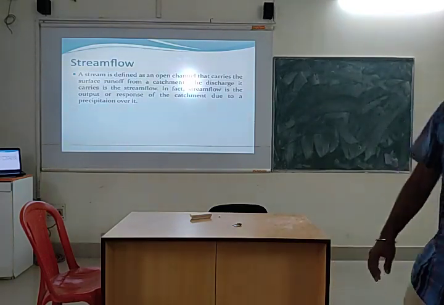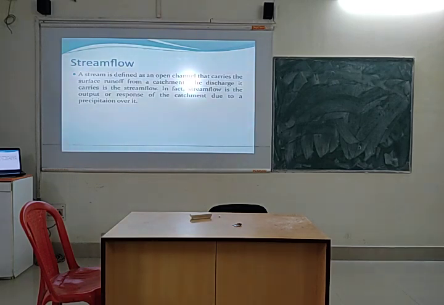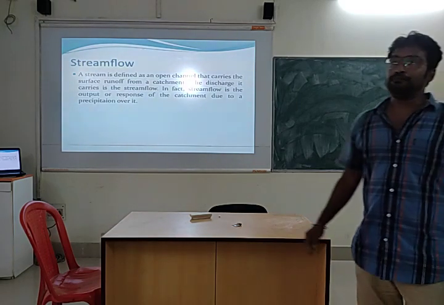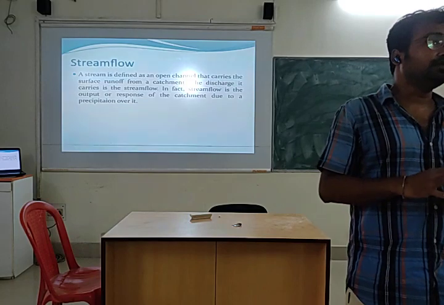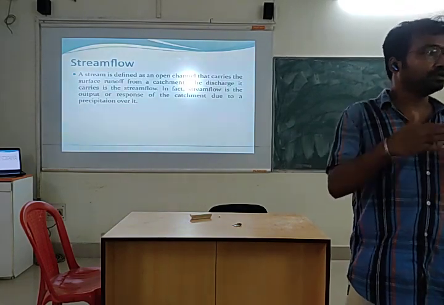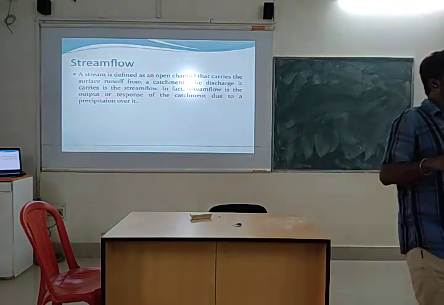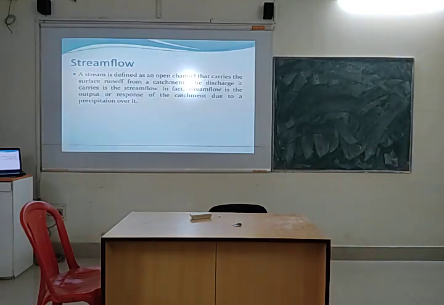So basically, a stream is defined as an open channel that carries the surface runoff from a catchment. Clear? The definition is clear, simple. The discharge it carries is the stream flow. That means the discharge amount of water will be called stream flow. The channel will be called the stream, and the flow will be called stream flow.